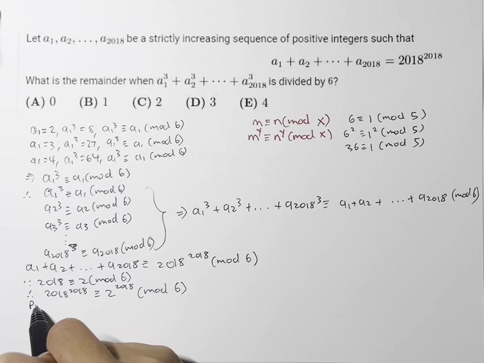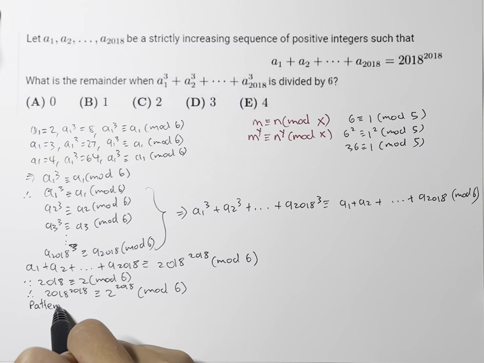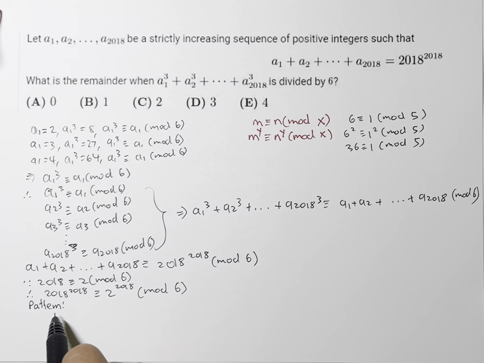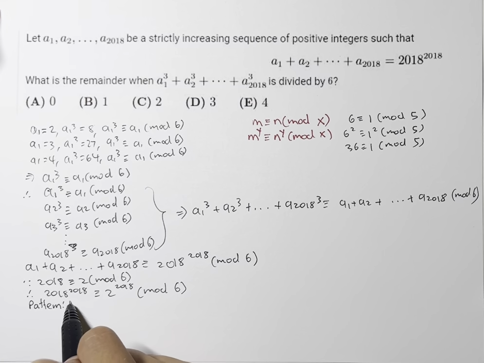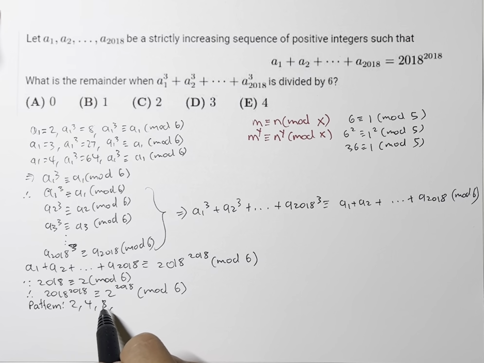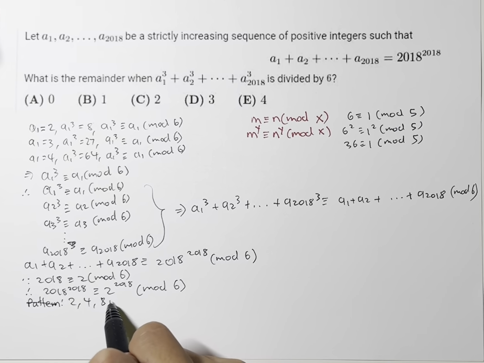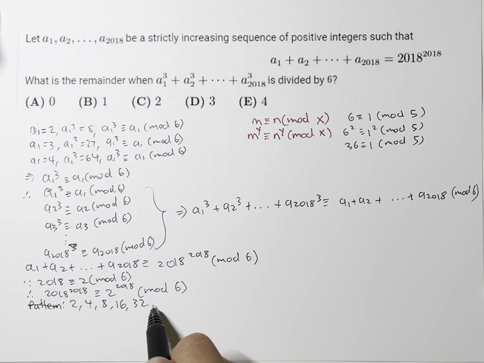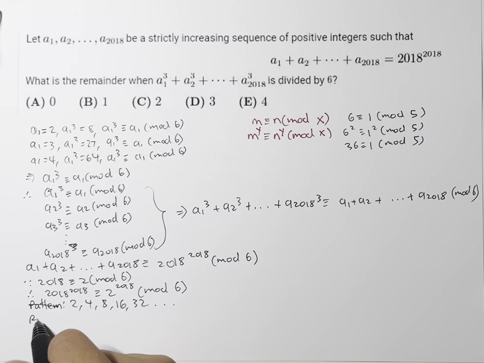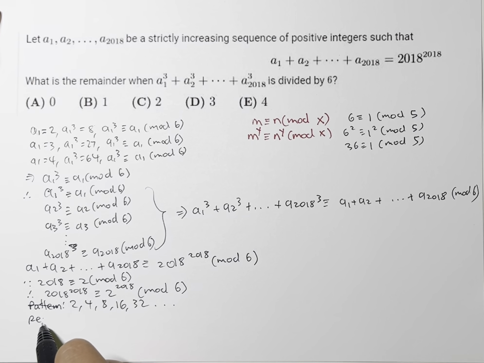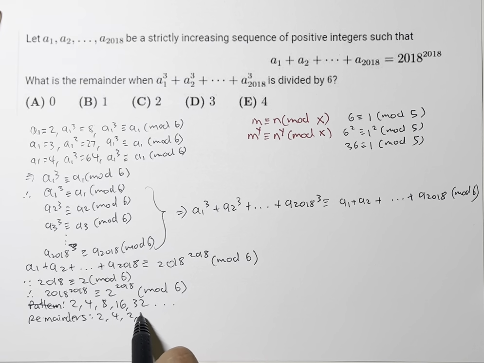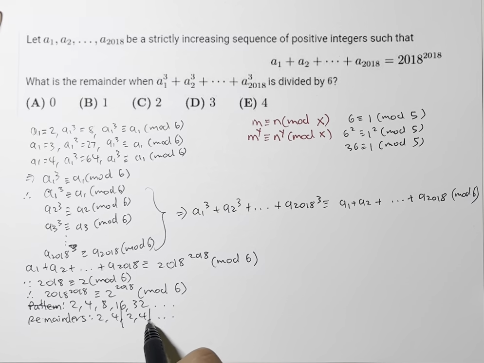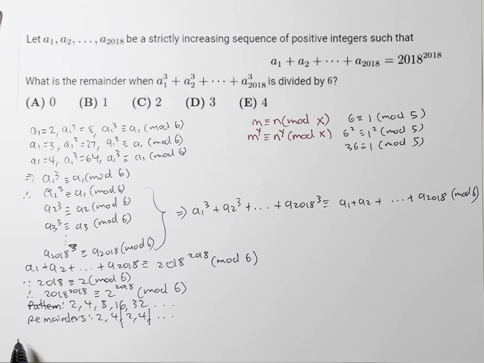You see, the perfect powers of 2 will be 2, 4, 8, 16, 32, and so on. And then the remainders will be 2, 4, 2, 4. So then it's only blocks of 2.